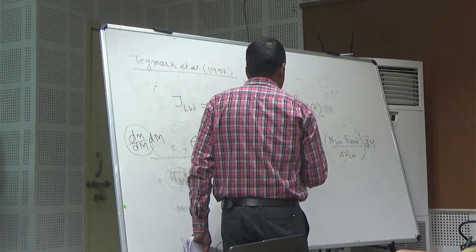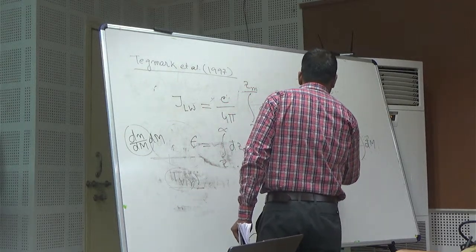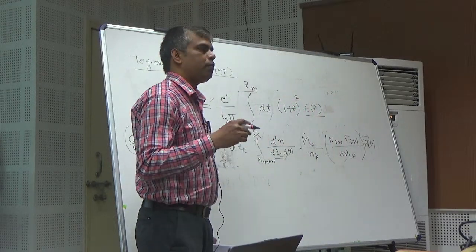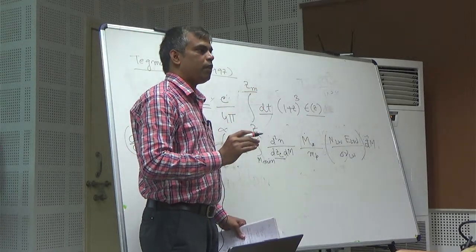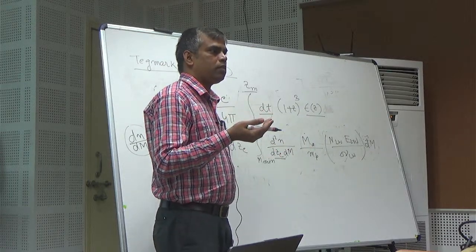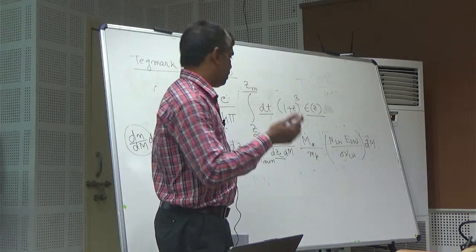Now you see this m dot star, that is the star formation rate inside a halo of mass m. So it is the rate of change of stellar mass inside a dark matter halo of mass m.